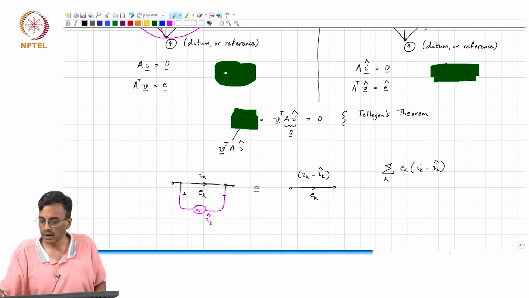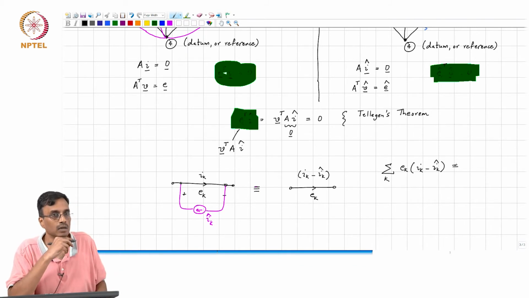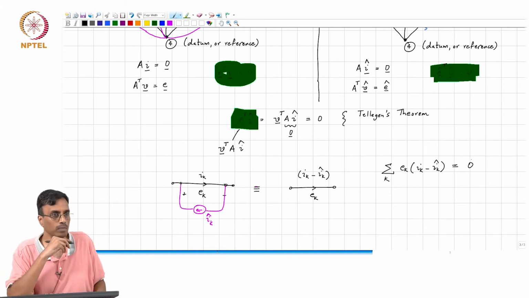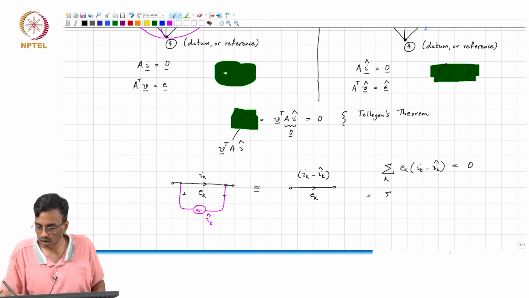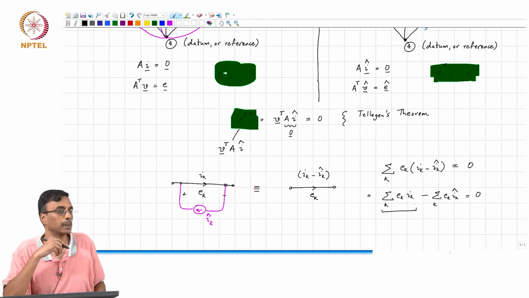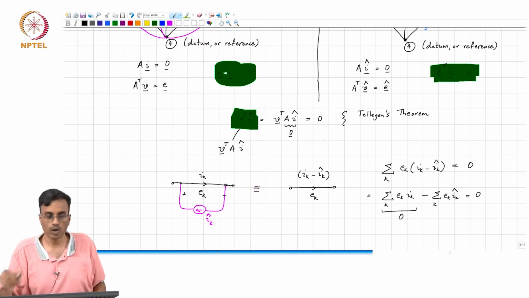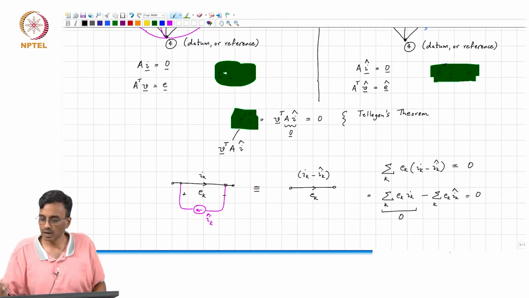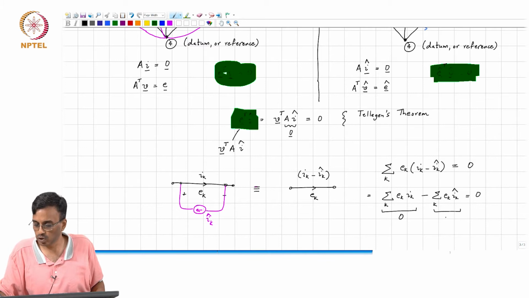What must this be? Well, energy conservation says that this must be 0. This is 0 because of energy conservation with respect to the original network, and therefore it must follow that this term is also equal to 0.